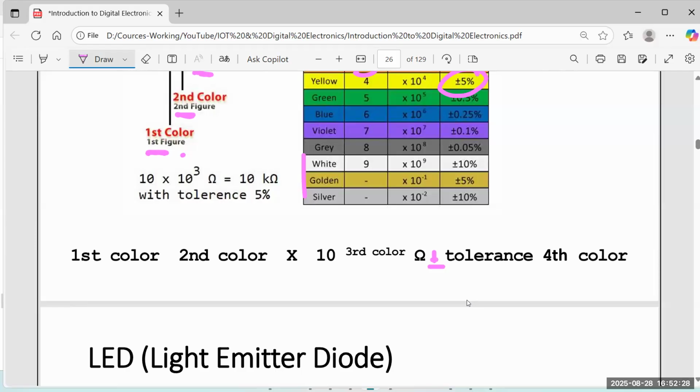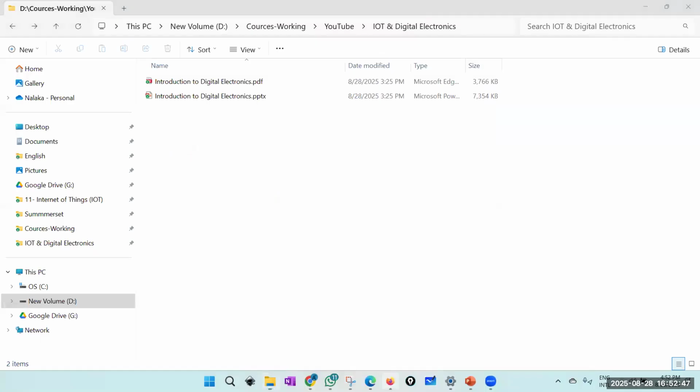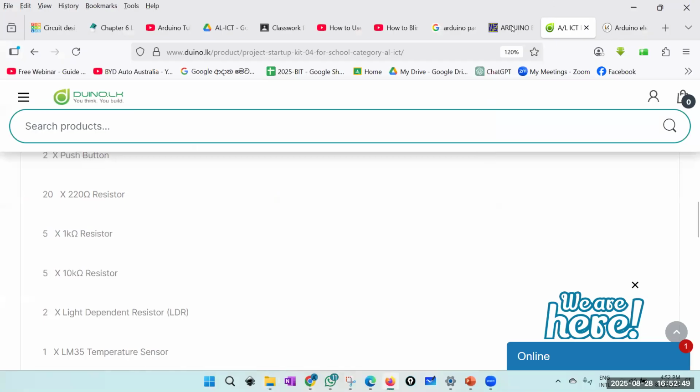Okay. So that is why whenever you connect an LED in a normal circuit, you connect a 220 ohm resistor. That is why almost all the packs have 220 resistors.